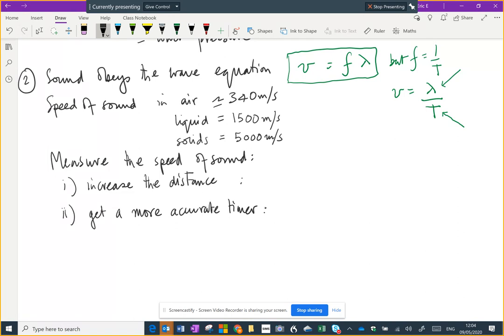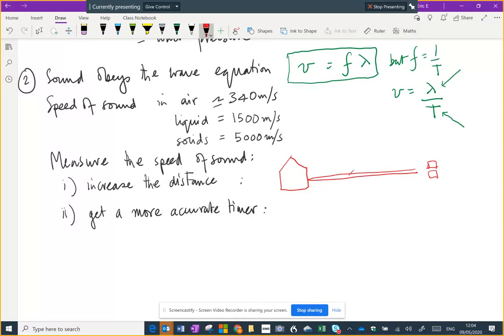Nobody. So what we do instead is we increase the distance by using an echo technique, where if here's your house and down here's the bottom of your garden, you've got two bricks banging together, then the sound goes backwards and forwards.